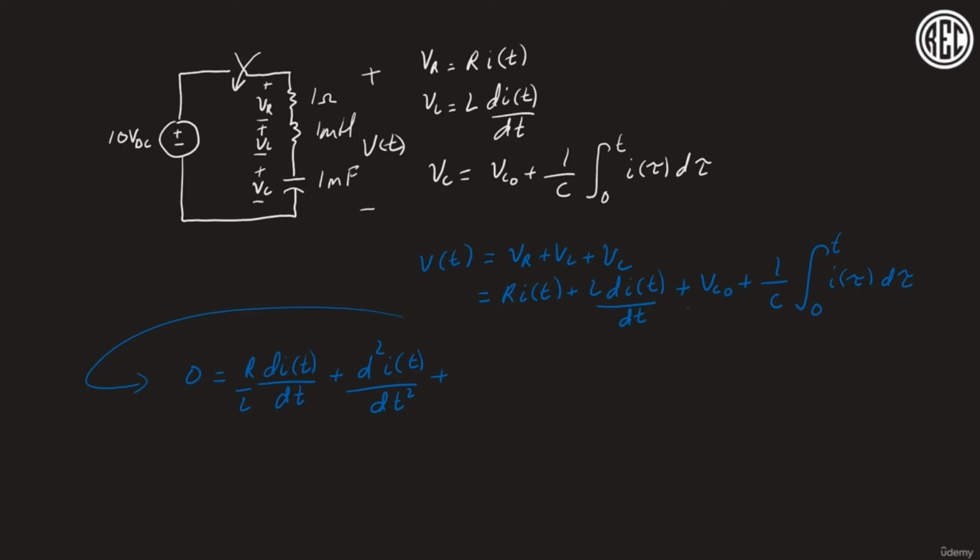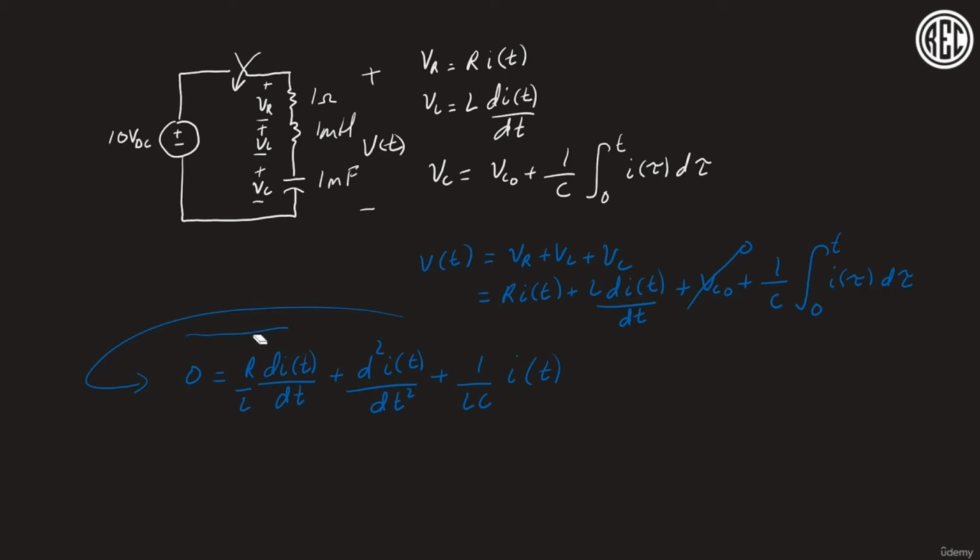And then we're saying again that the initial voltage across the capacitor is 0 volts. So that term goes to 0, and then we get 1 over L times C, so this term divided by L, times the derivative of this term over here, but the derivative of an integral is just going to be that term. So this is going to become i of t.